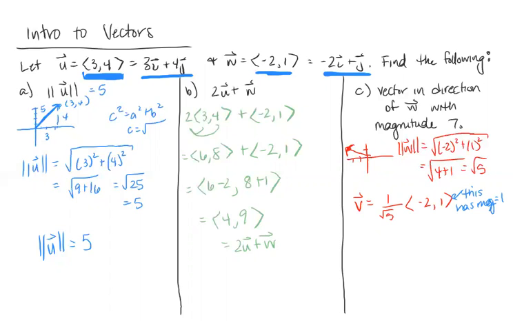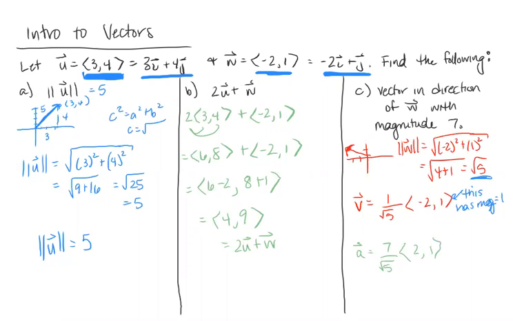Magnitude was root 5. I divided the whole thing by root 5, so that means the magnitude is now 1. If I want the magnitude to be 7, I'm just going to multiply to get it. Let's just call this a. We'll call this 7 over root 5. So just multiply it in.